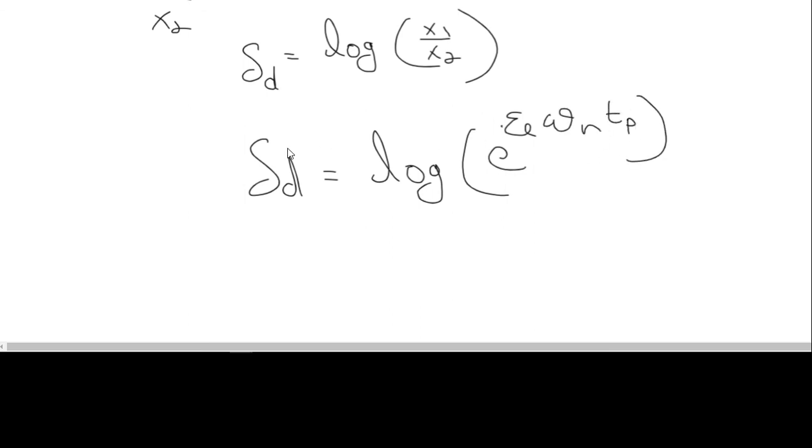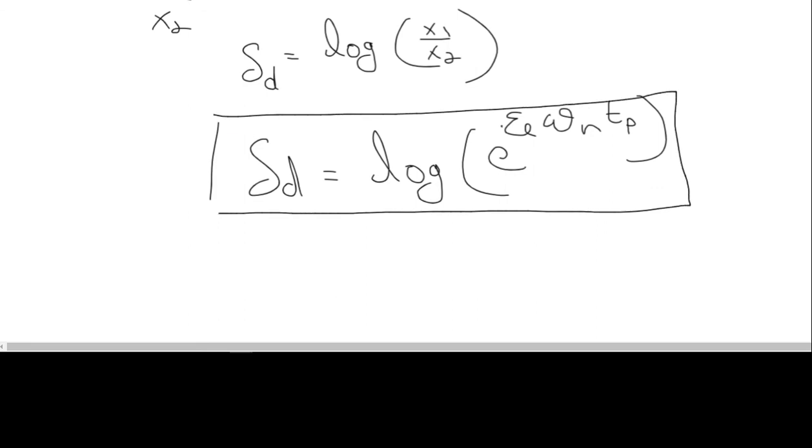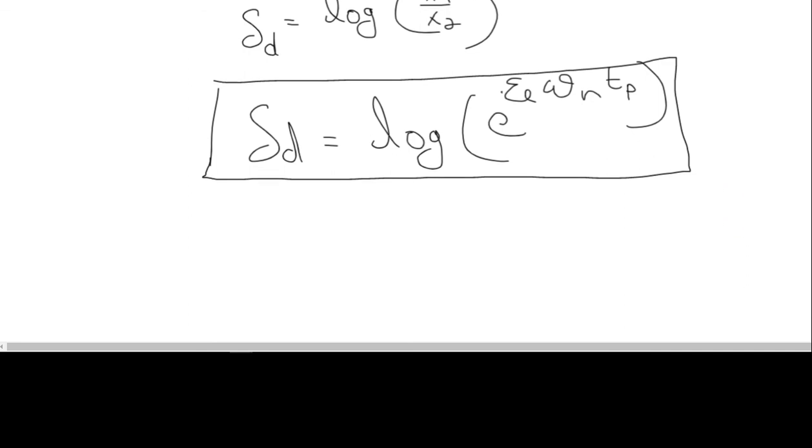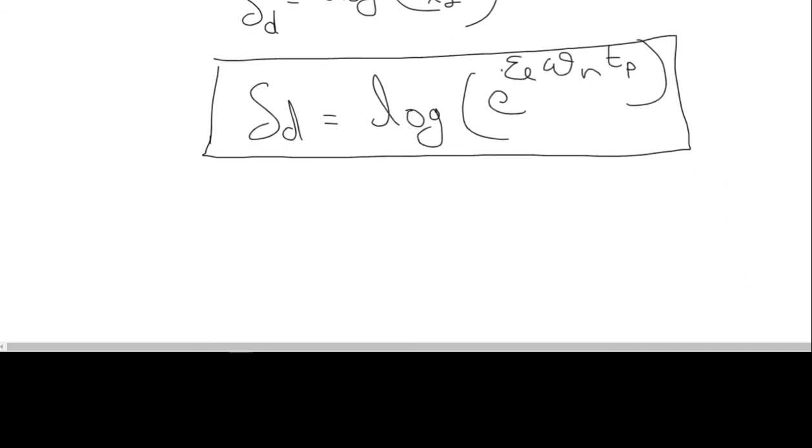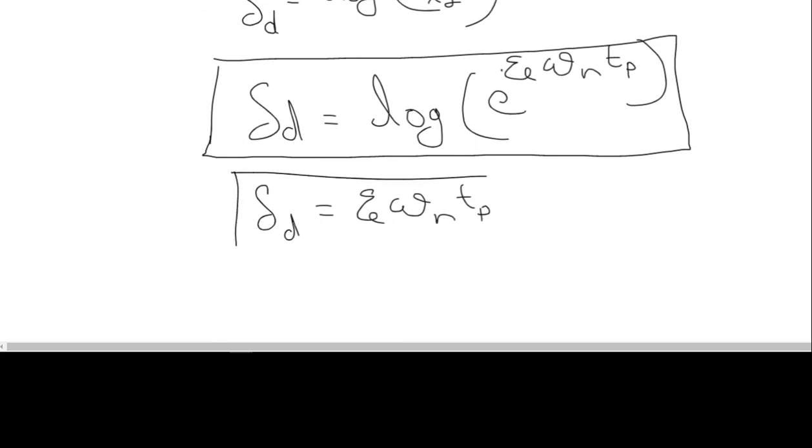This is the equation we will be using to find logarithmic decrement. This is an important equation. You know logarithm and exponents are inverses of each other, so we can cancel them out and we will get logarithmic decrement is equal to omega n Tp. So this is the equation we use for numericals.